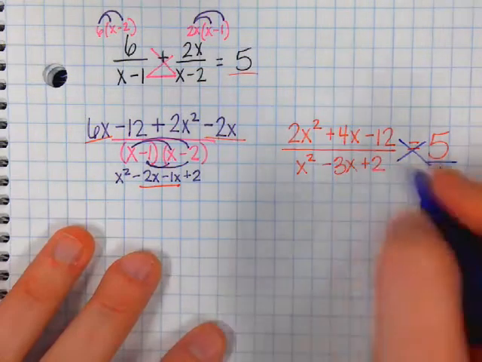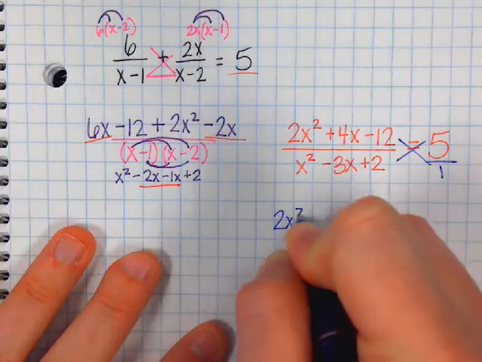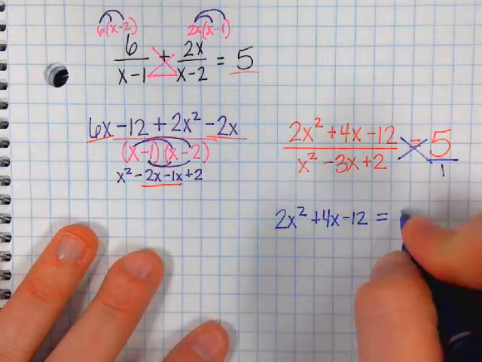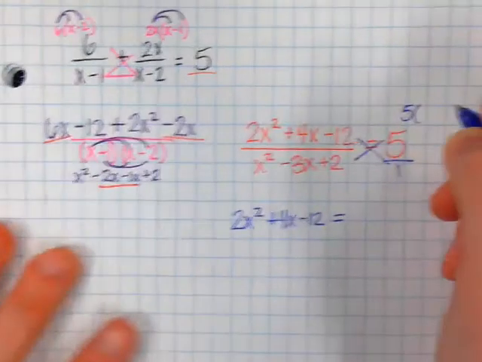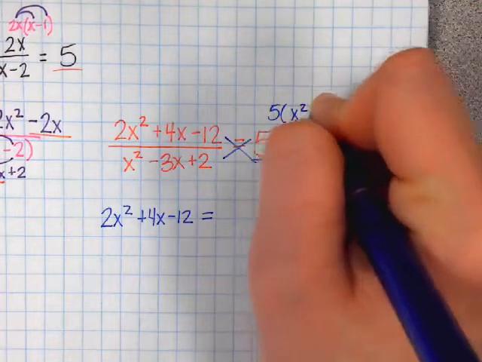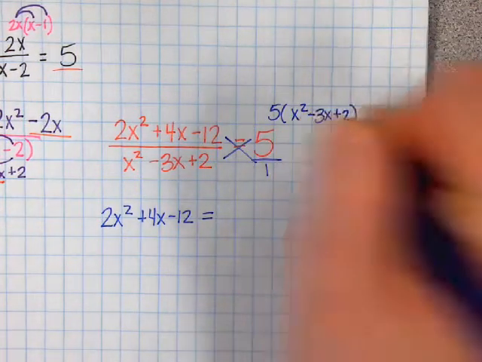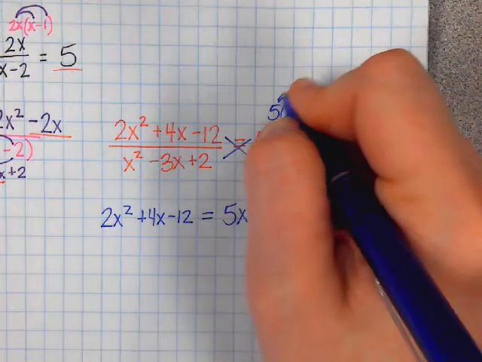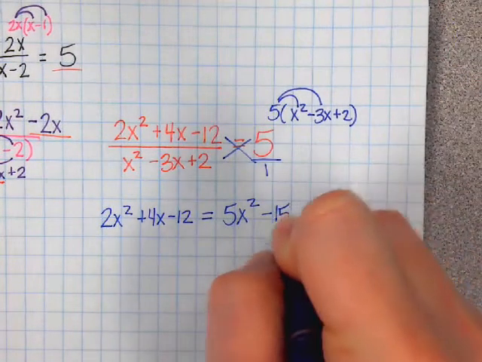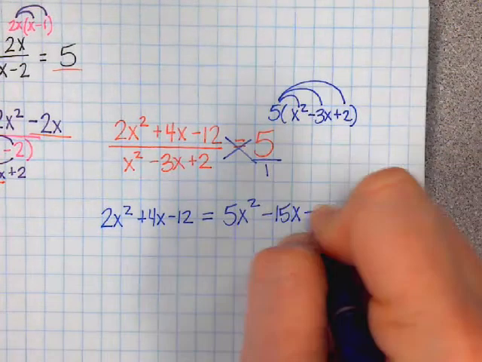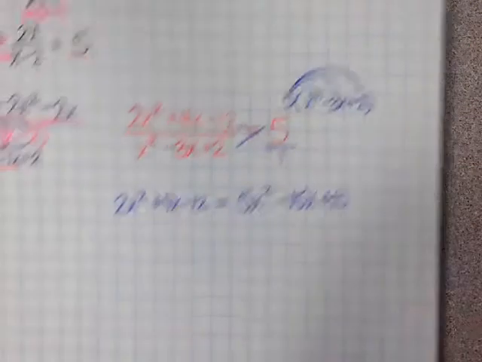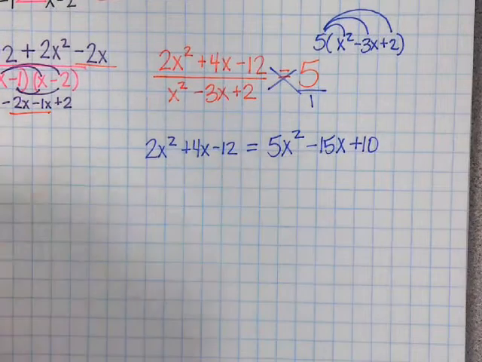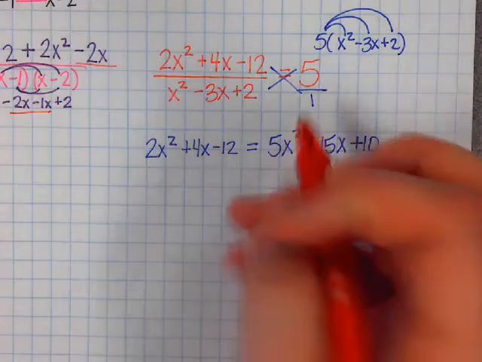Okay. Put this over 1, cross multiply. So 1 times all of that would be 2x squared plus 4x minus 12. Bring down your equal sign. And then 5 times x squared minus 3x plus 2. Distribute, so 5x squared. 5 times negative 3x would be negative 15x. And 5 times 2 is 10. Okay, again, this is quadratic, and you know it's quadratic because there's a squared term.